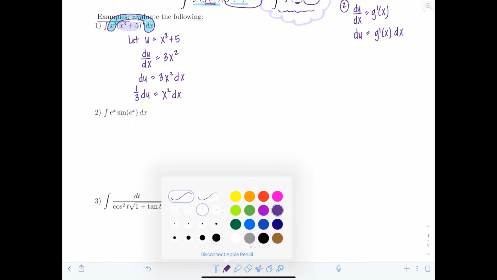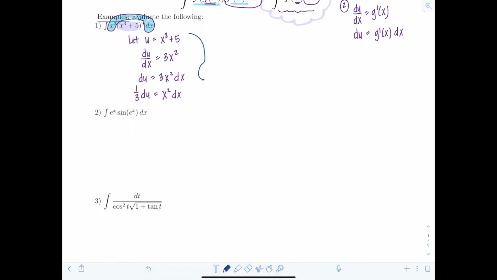So now let's rewrite our integral entirely in terms of u. So we have the integral, instead of x cubed plus 5 to the 9th, now that's u to the 9th. And then instead of x squared dx, I have 1/3 du. Okay? Now to evaluate this antiderivative, let's take the 1/3 outside. Then I have u to the 9th du.